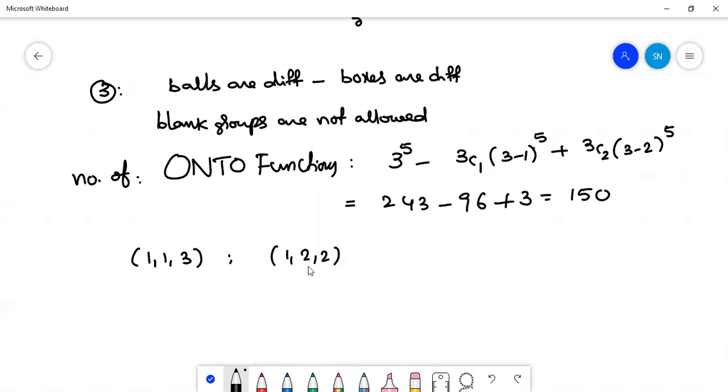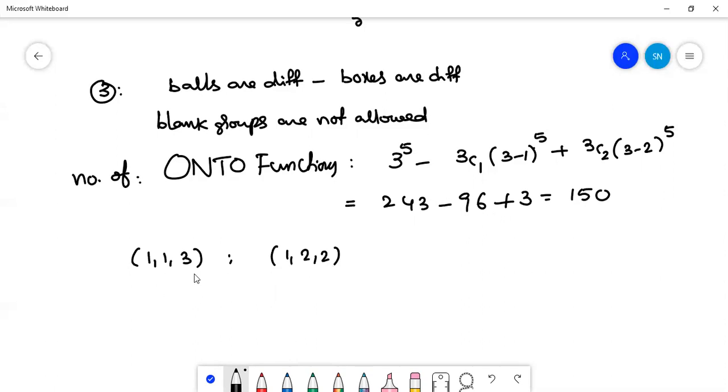Blank groups are not allowed. So meaning what we need to do: 5 different objects must be distributed into 3 groups in which the number of objects in each group are 1, 1, 3. So in the second possibility, 1, 2, 2.